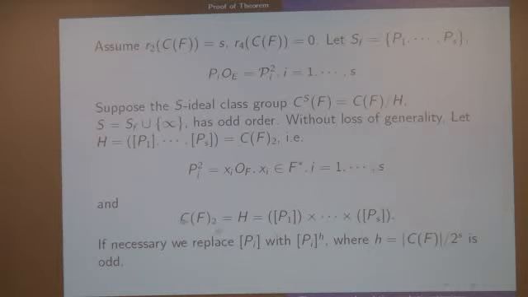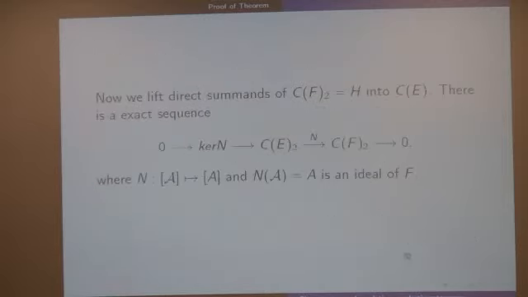And CE square H equals P1 times PS. This is the reference: we replace the P1 with the PIH, where H equals to CE, and 2S is the order.